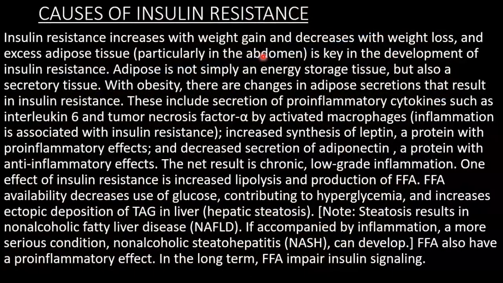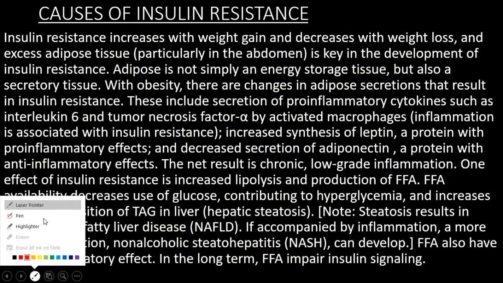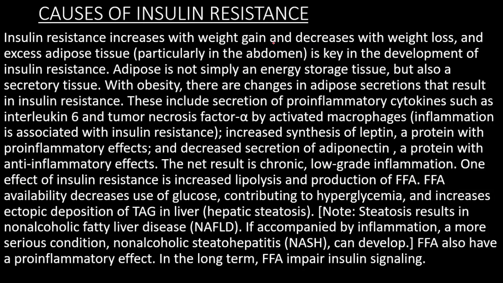Now, what are the causes of this insulin resistance? Insulin resistance occurs with weight gain and decreases with weight loss. So the more you gain weight, the more your cells become resistant to insulin. How?